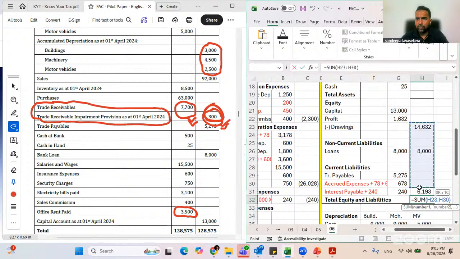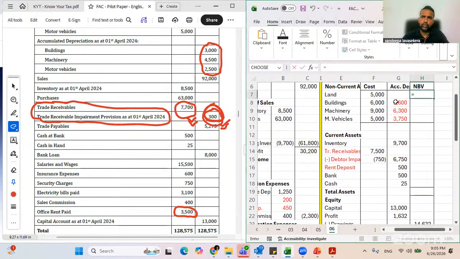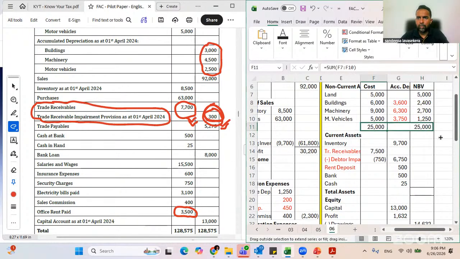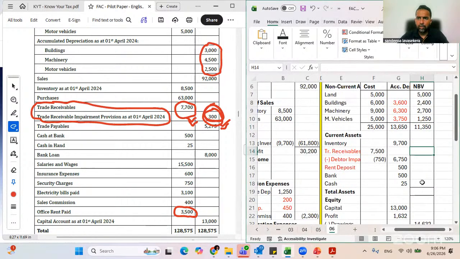Total 28,825. They were 350. Here the total assets.